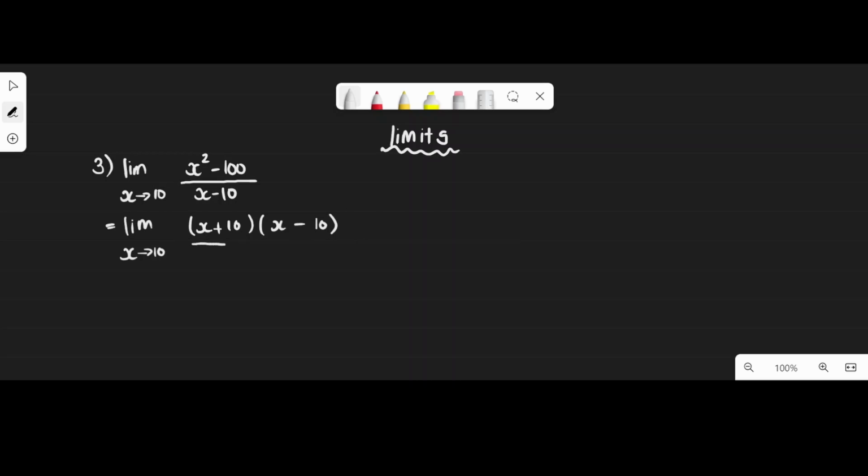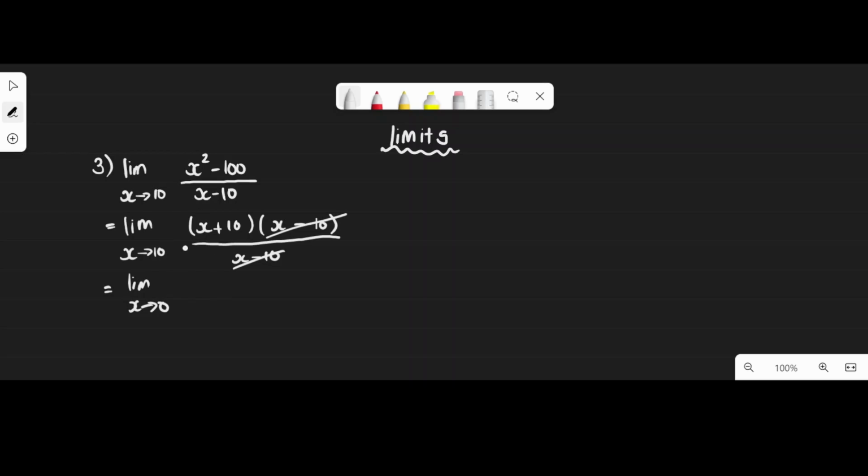Then divided by the denominator, which is x minus 10. So what do we see? We have x minus 10 in the numerator and x minus 10 in the denominator. So those are going to cancel out. Then you're going to have limit when x approaches 0.